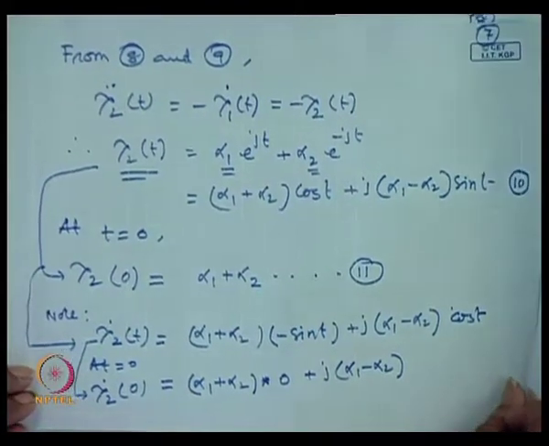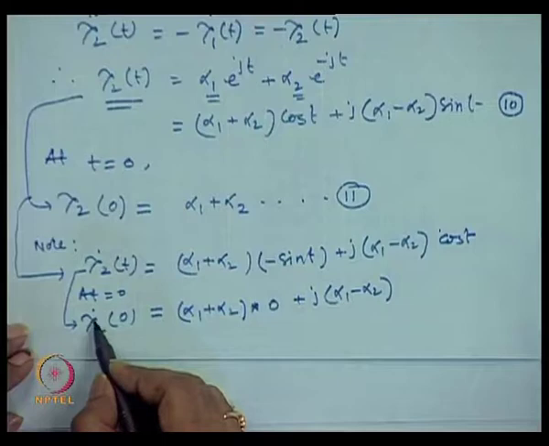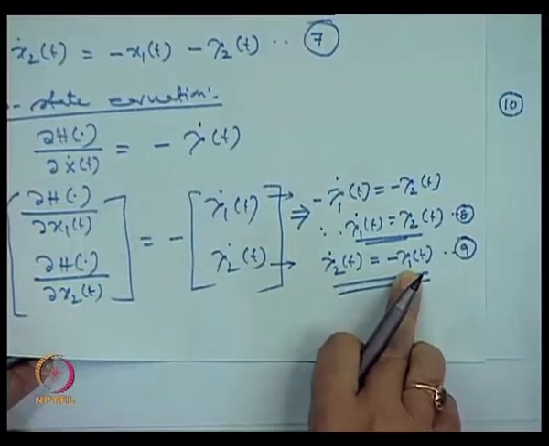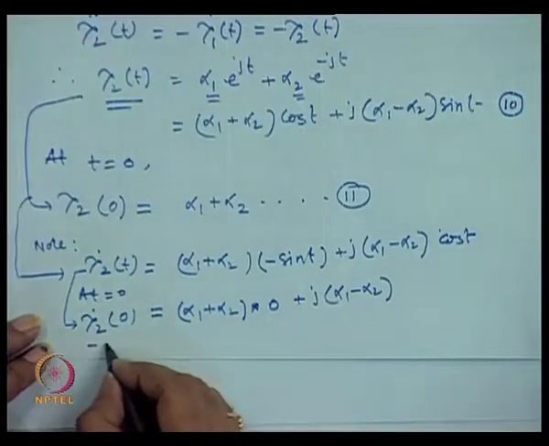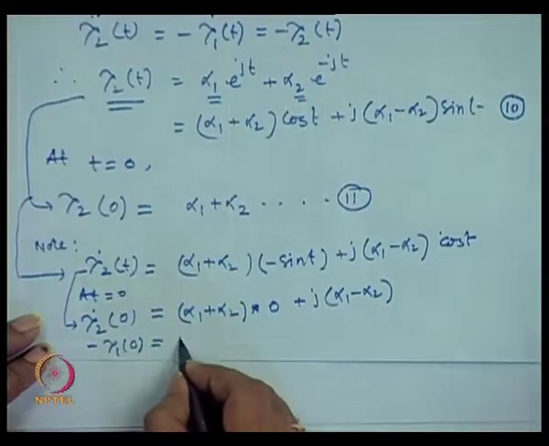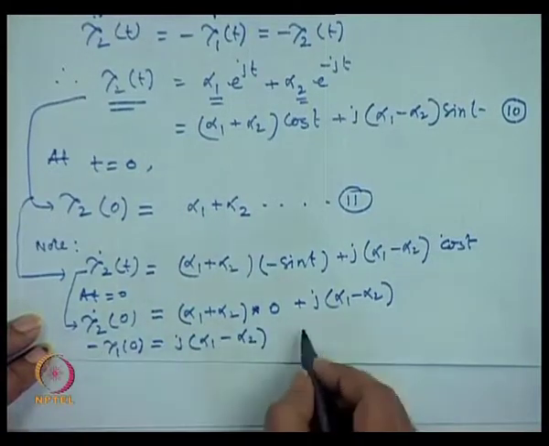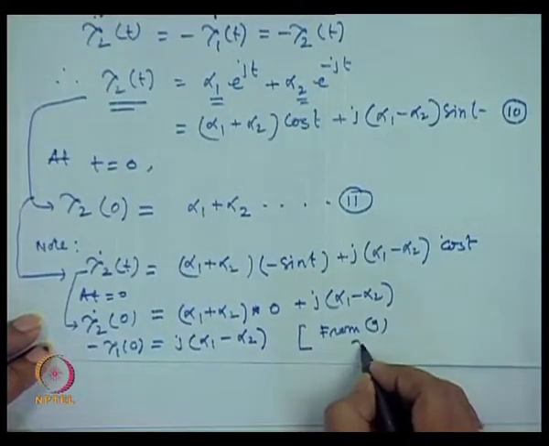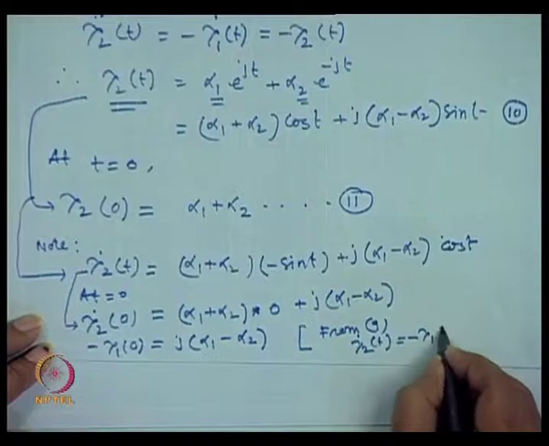So, this we got: lambda 2 dot, and we know lambda 2 dot of t is equal to minus lambda 1 of t, which equals j(alpha 1 minus alpha 2), because we know from equation 9 that lambda 2 dot of t is equal to minus lambda 1 of t.